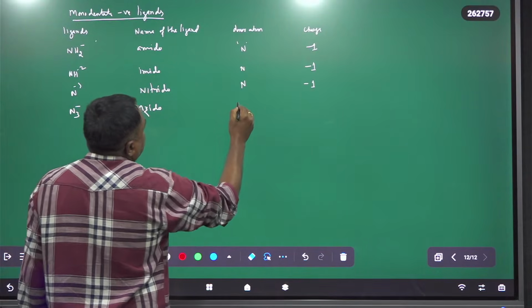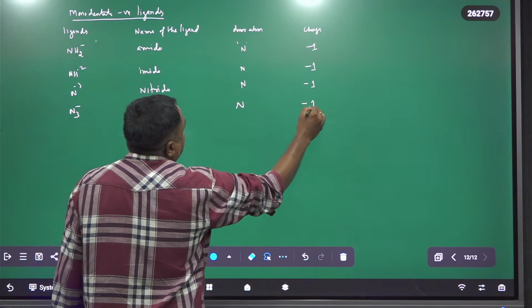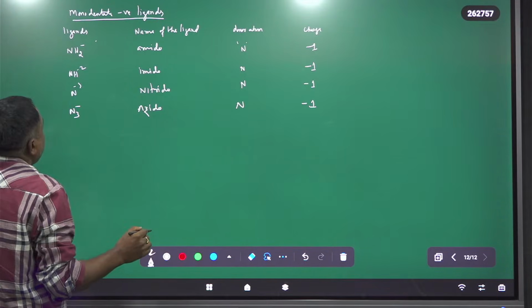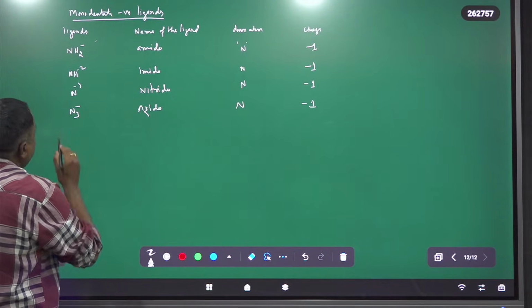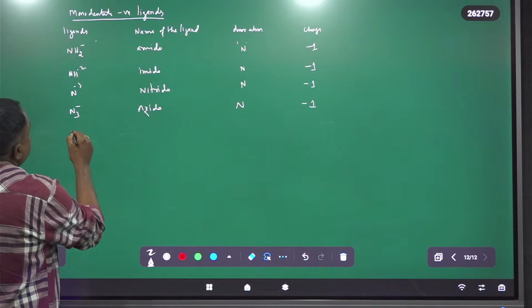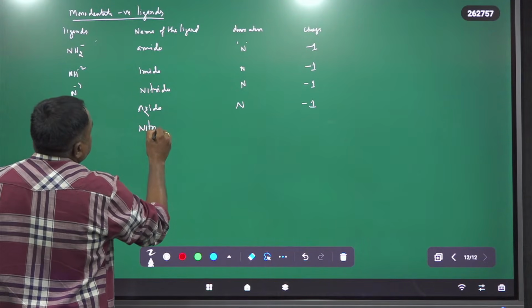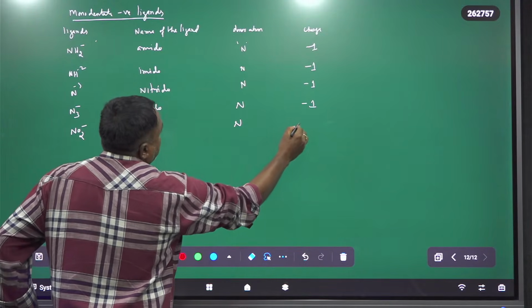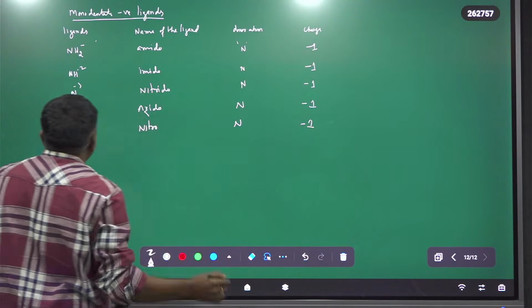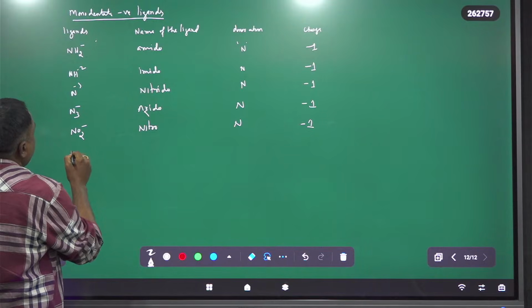Here also nitrogen is the donor atom, and the charge on N3 minus is -1, that is a monodentate negative ligand. And NO2 minus, this is the nitro. Here also nitrogen is the donor atom and -1 is the charge of the ligand.